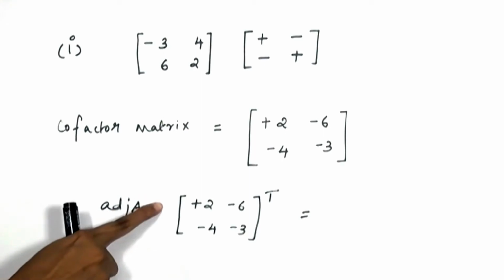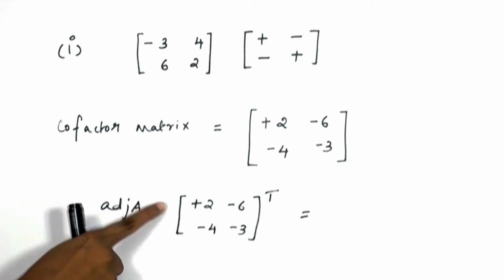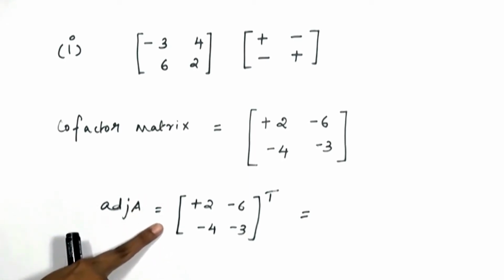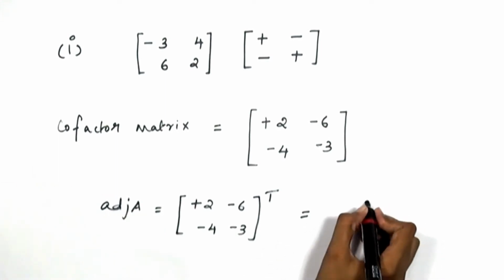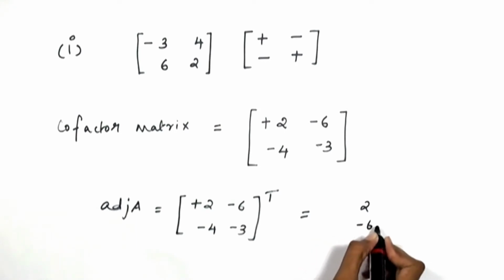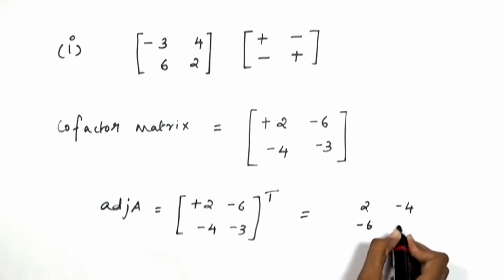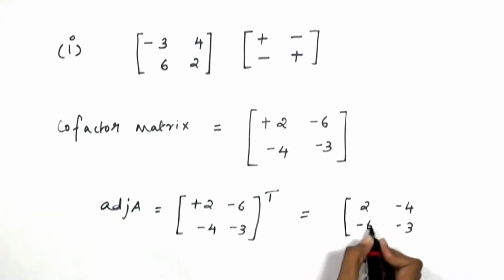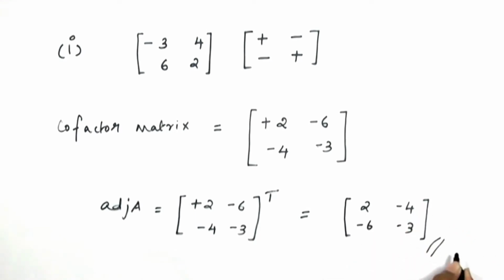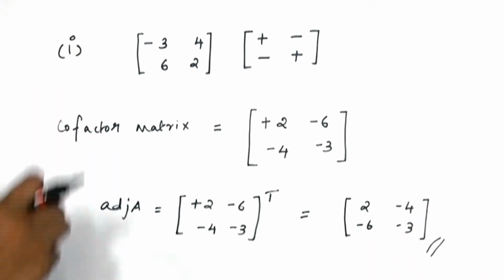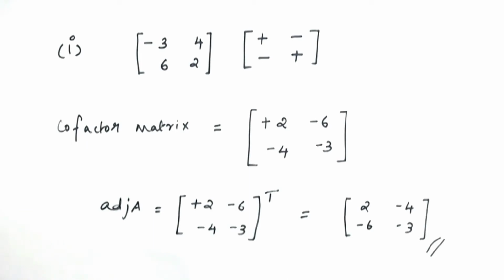So this row will get converted into the first column and the second row gets converted into the second column. Therefore, adjoint A will become 2, -4, -6, -3, which is the final answer. Therefore, this is the adjoint of the first matrix.